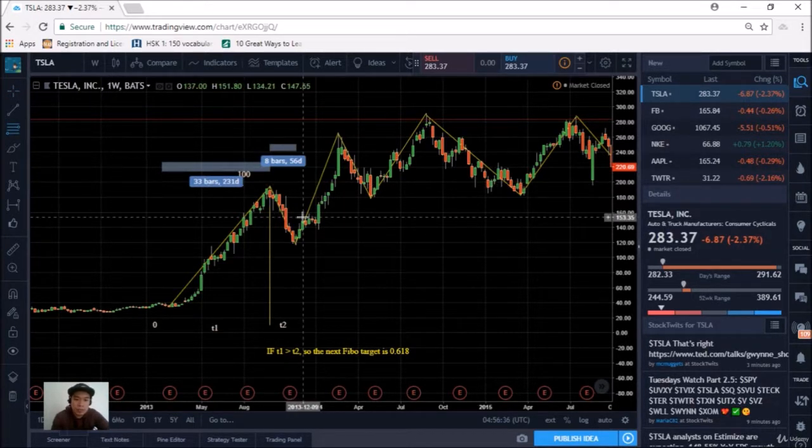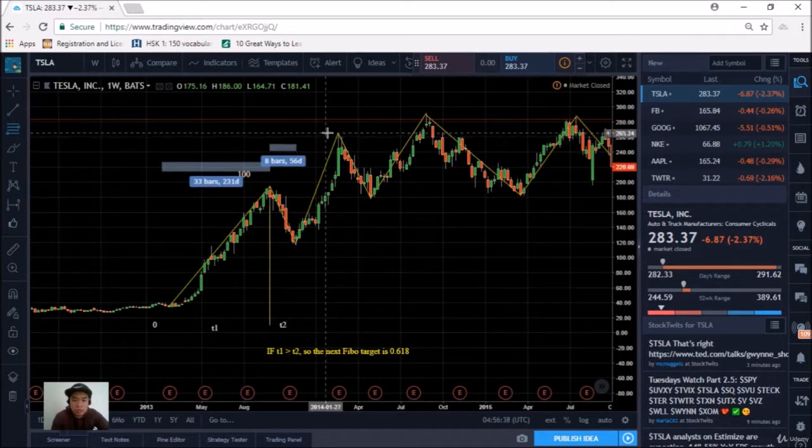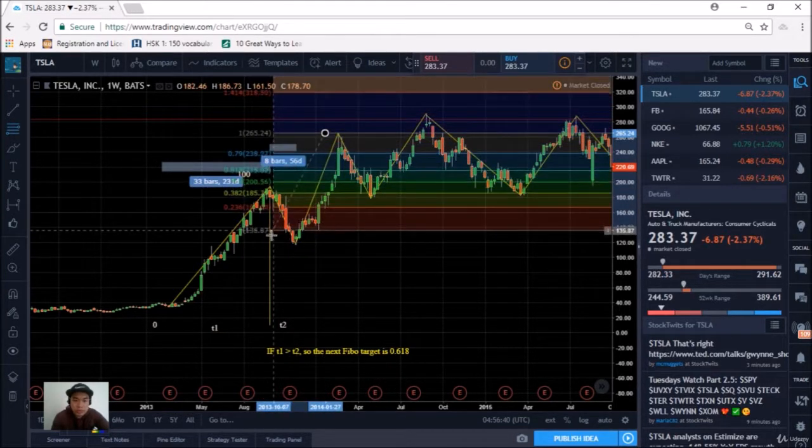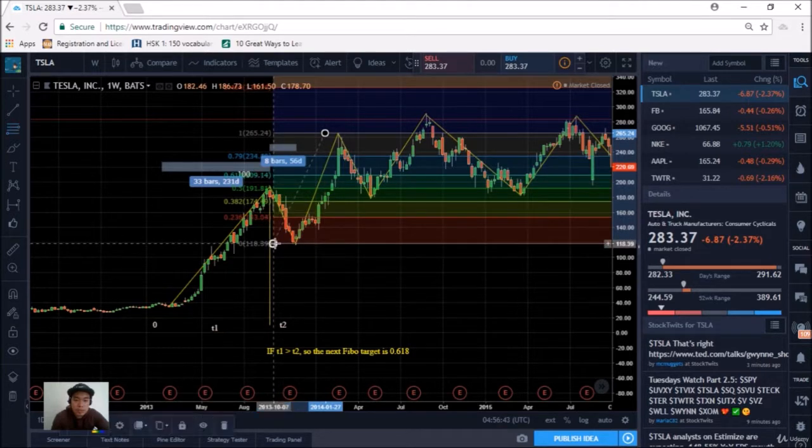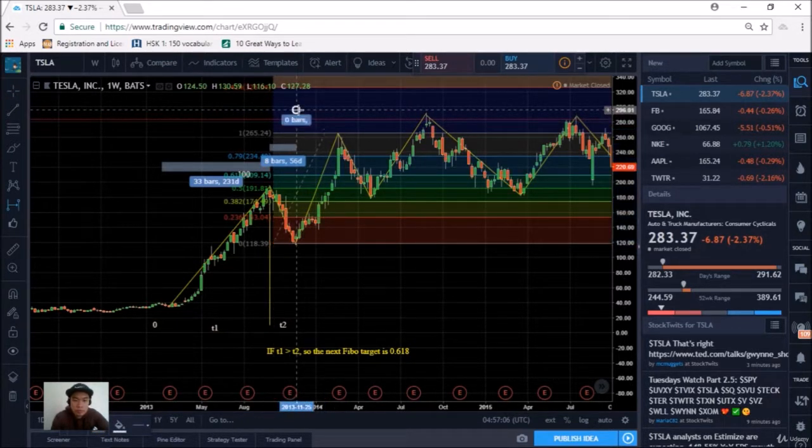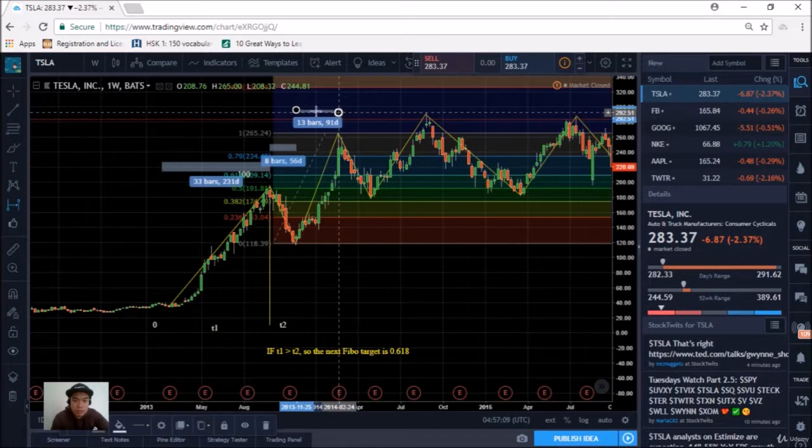Right now, next you can measure the next target. Set this as the distinct high and this as the distinct low, which is 1 and this is 0, or this is 100 and this is 0. Then you have to identify how many candles there are from here to the peak.